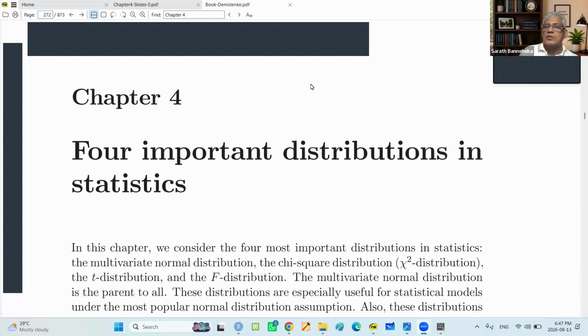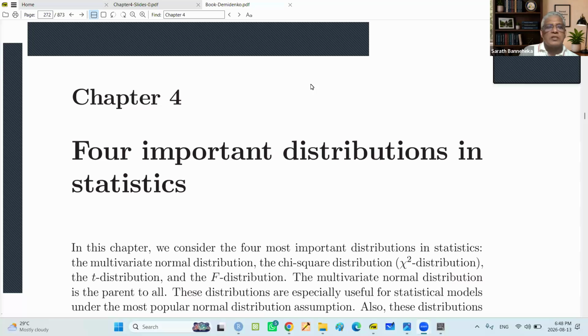We have already discussed chi-square, t, and f distributions briefly in our previous lectures. But now, in this chapter, we are going to include some multivariate aspects of those distributions.